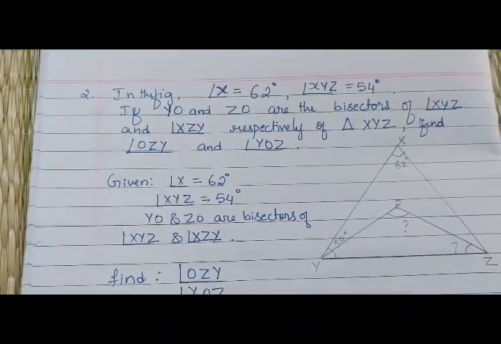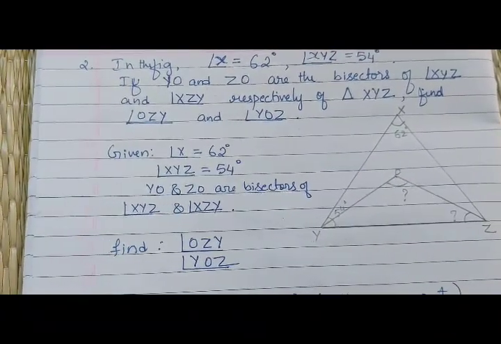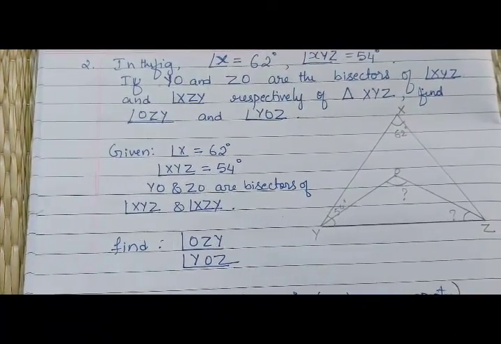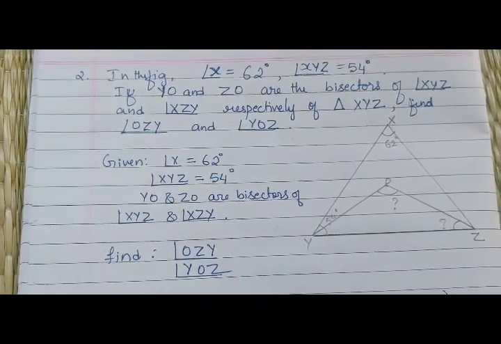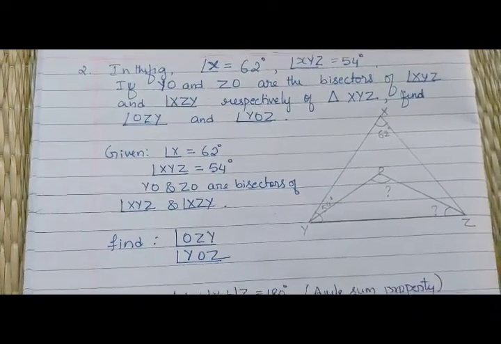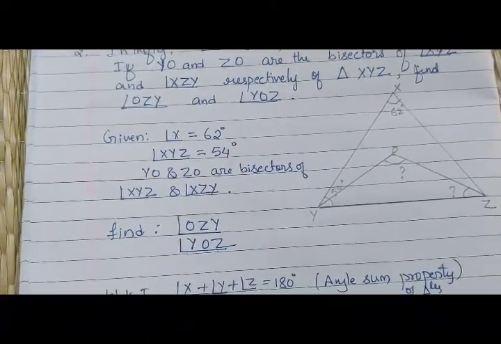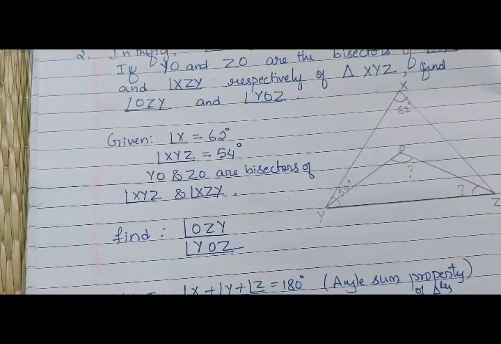Given X is equal to 62, XYZ is equal to 54 degrees. YO and ZO are bisectors, that is, they divide the angles into two equal halves: YO for XYZ and ZO for XZY. We have to find OZY and angle YOZ.